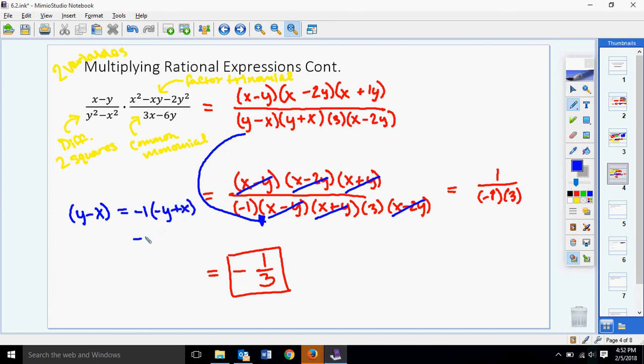Well, I can rewrite this with the x first and the y second, and that's exactly what I did here with this blue arrow. If you're interested in the domain, this one's a little tricky. X cannot equal y, x cannot equal -y, and x cannot equal 2y. Again, if you're interested in the domain, please ask and I will help you learn it.